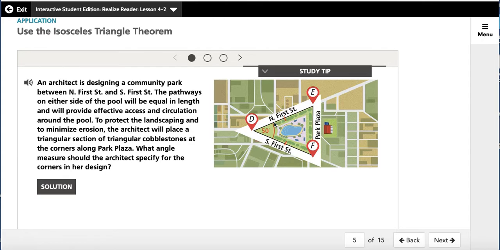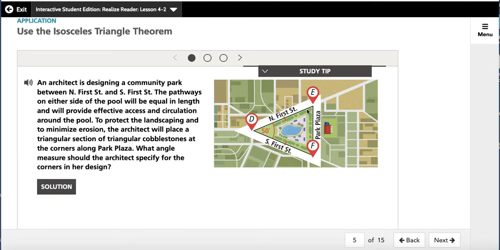So this North 1st Street is the same length as South 1st Street. They have red marks there to show those are congruent.